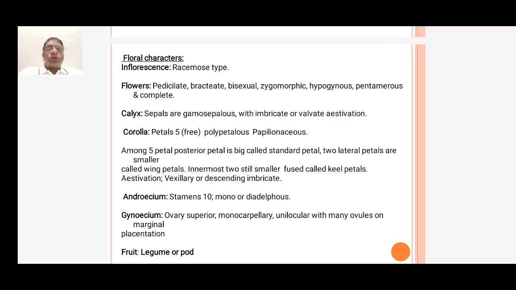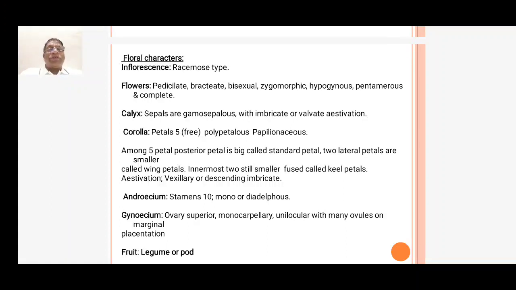The innermost 2 petals are still smaller and fused to form a boat-like structure called keel petals. This is the butterfly type of corolla. One standard petal, two wing petals, and two keel petals.